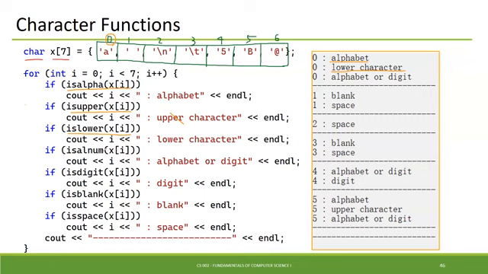And is alnum? Yes, it is, alphabet or digit. So this is shown, right? So alphabet, lower character, and alphabet or digit for index 0, lowercase letter a. And it is not a digit, it is not a blank, it is not a space. Blank and space are the same, okay? So you may check each character.